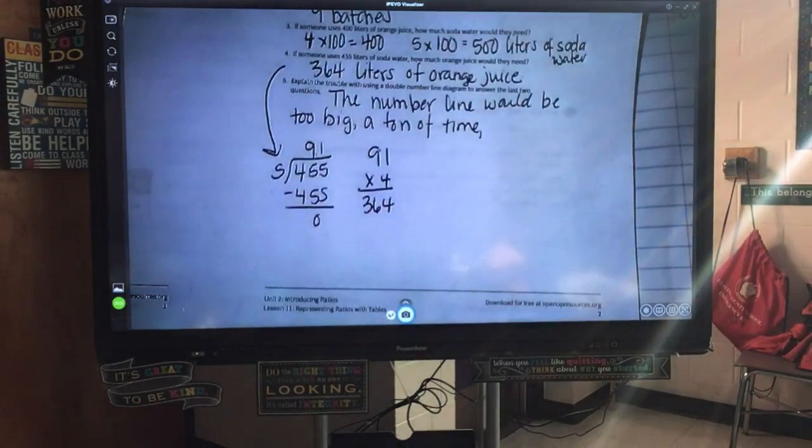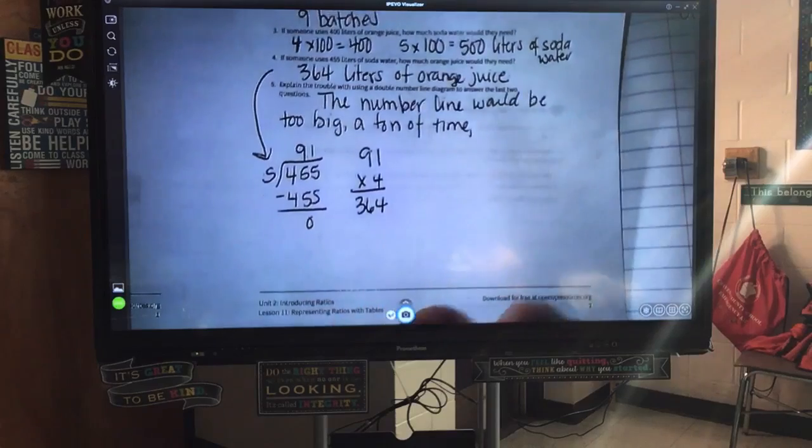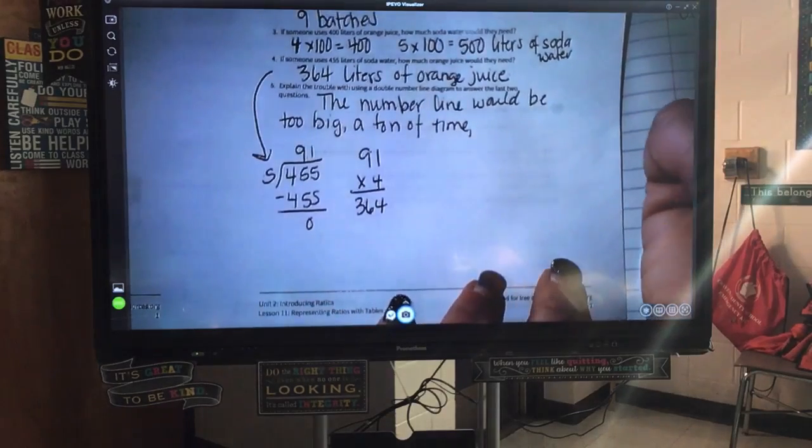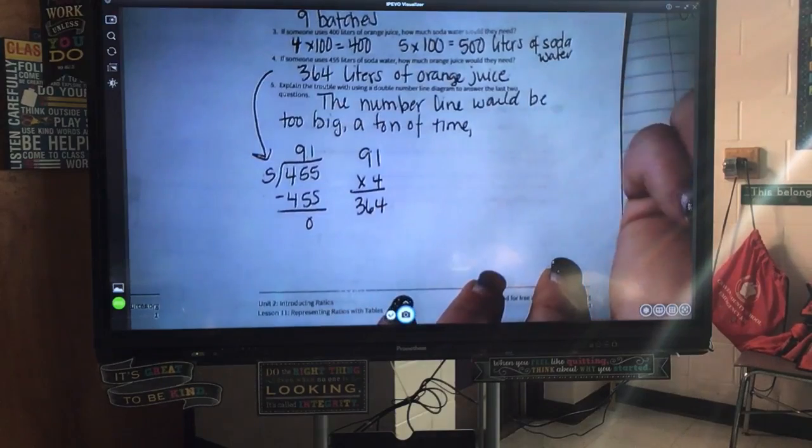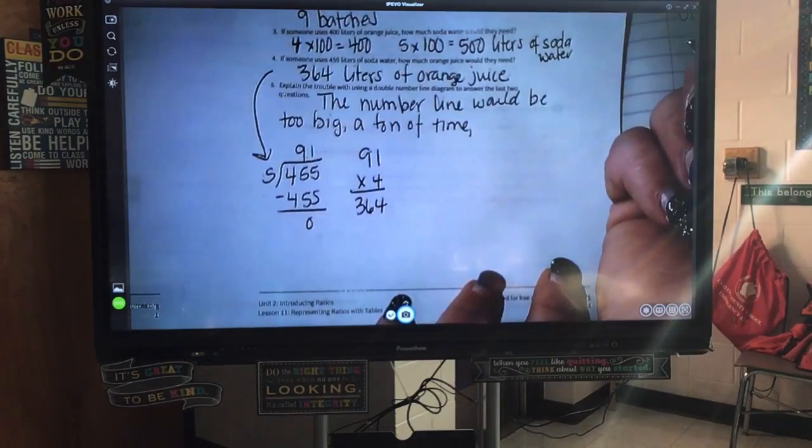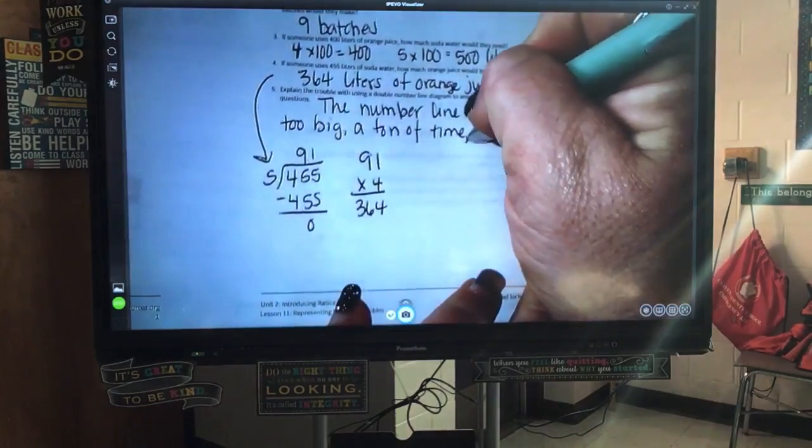Anything else? Ronnie? It would take too long to draw out 400 ticks or something like that. Okay, that goes along with taking a ton of time. Anything else we want to say? Alright, we're going to change that to a period.